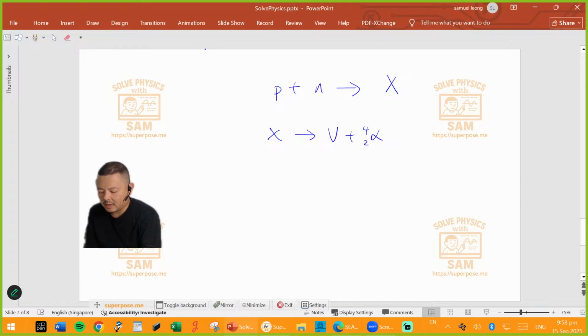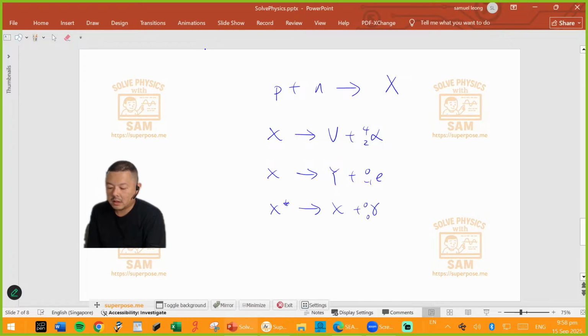Then X decaying by beta, giving 0 minus 1 e. Do you need to draw the neutrino? Don't need. Then you have gamma radiation.